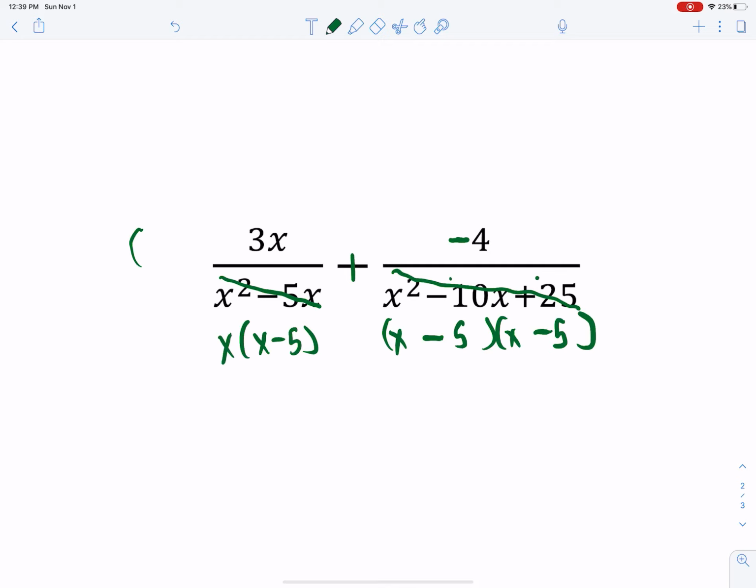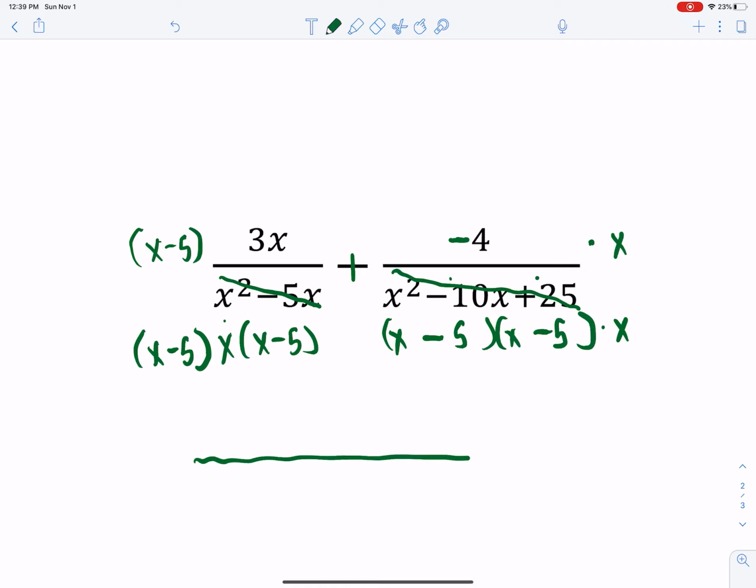So to get my common denominator, I'm going to need another x minus 5. I multiply by x minus 5 on top and bottom of that first one. When I think, what is the second one missing that the bottom of the first one has? It's the x. So I multiply the top and bottom of that one by x. So the bottom part of my answer is going to be x minus 5 times x minus 5 times x.